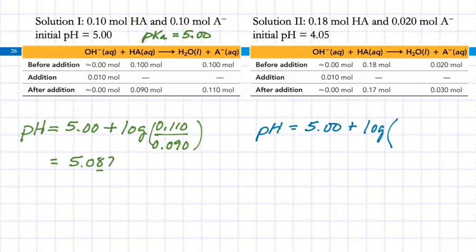So the base, 0.030 over the acid, 0.17. Let's see if I can do it correctly this time. 4.247.